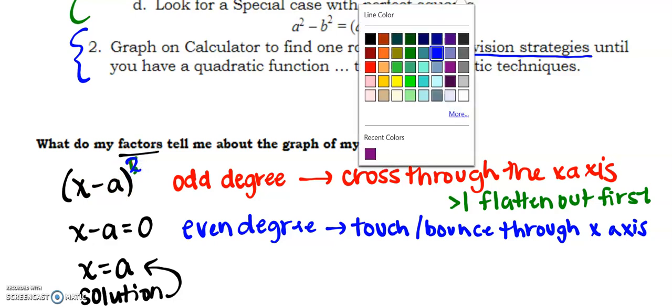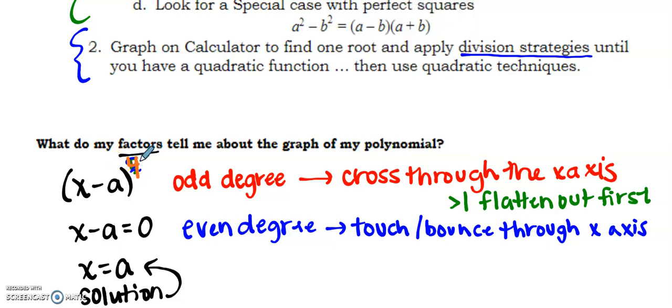Another even number would be something like x minus a to the fourth. That's an even. So if we have something that's greater than 2, we're going to flatten a bit first before we touch and bounce back. And again, I will show you.